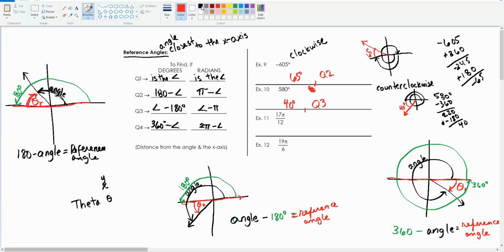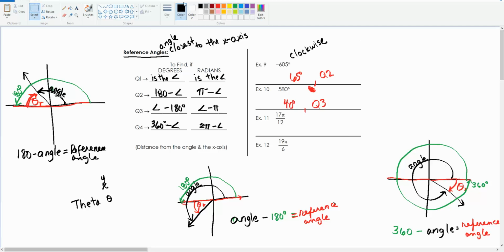Okay, 17 pi over 12. Let me clean up some of this chaos right here. All right, looking at number 11, we have 17 pi over 12. I'm going to go slow on this one.